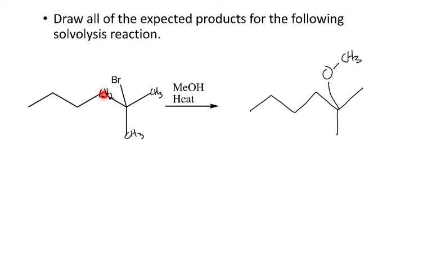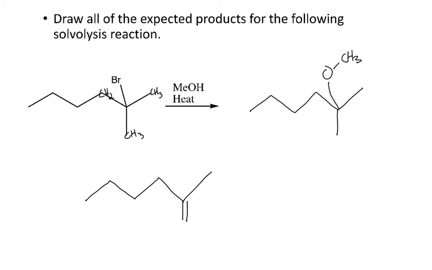But then I also have the elimination that can occur from this carbon. So why don't we draw the ones by pulling off a hydrogen from the methyl group first. And that would be one of the E1 products.